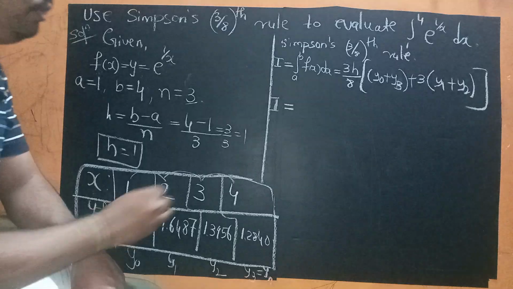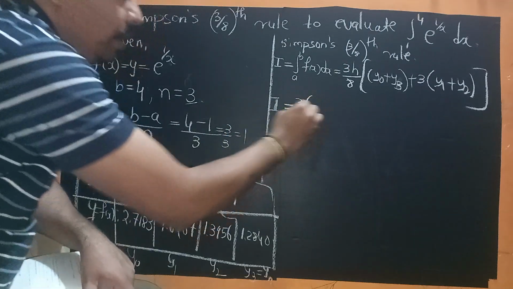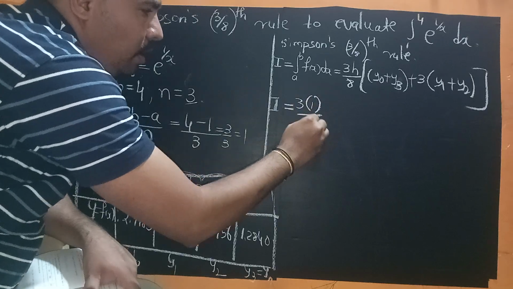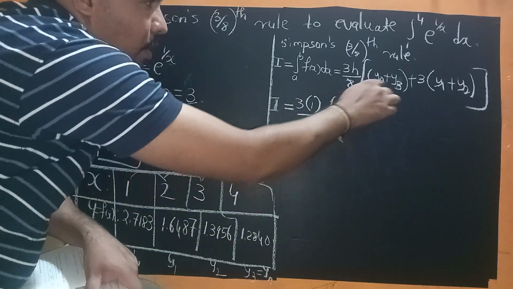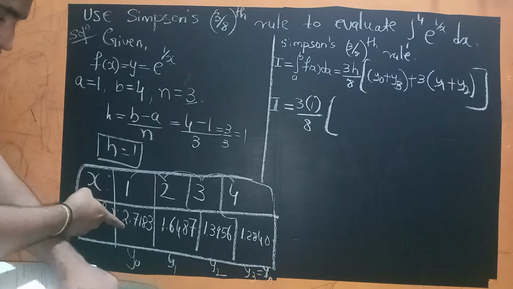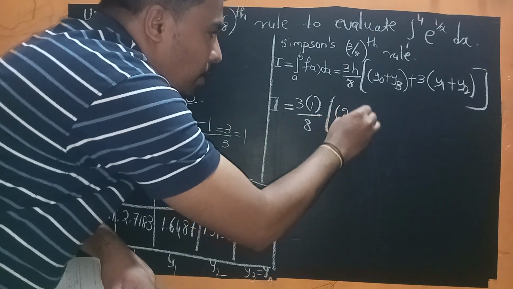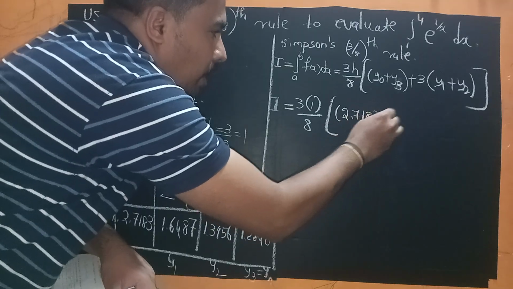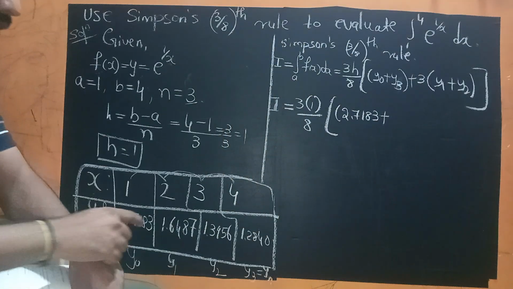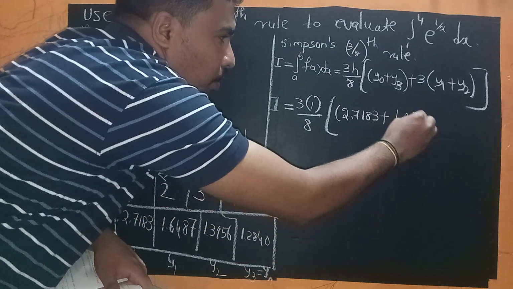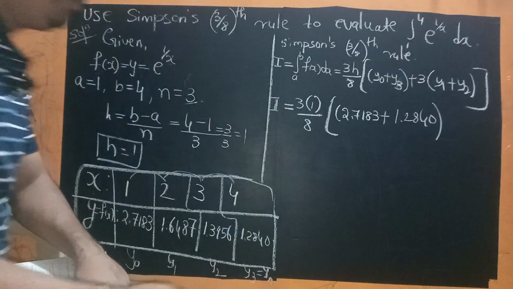So I equal to 3h, which we have already calculated as 1, divided by 8, into y0 plus y3. The y0 value is 2.7183, plus y3 value 1.2840.